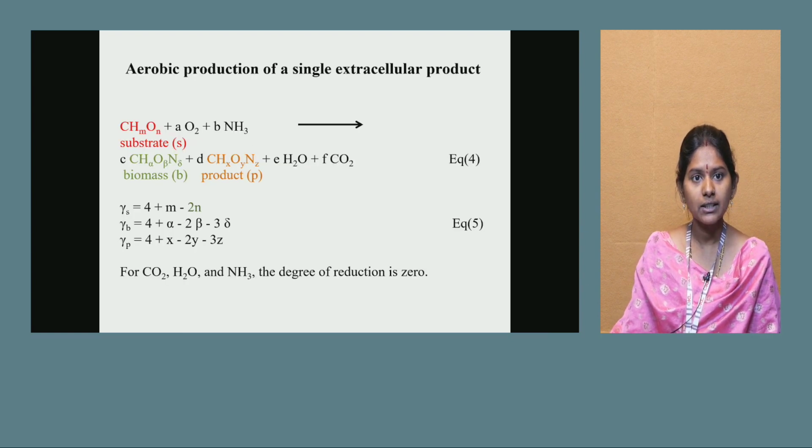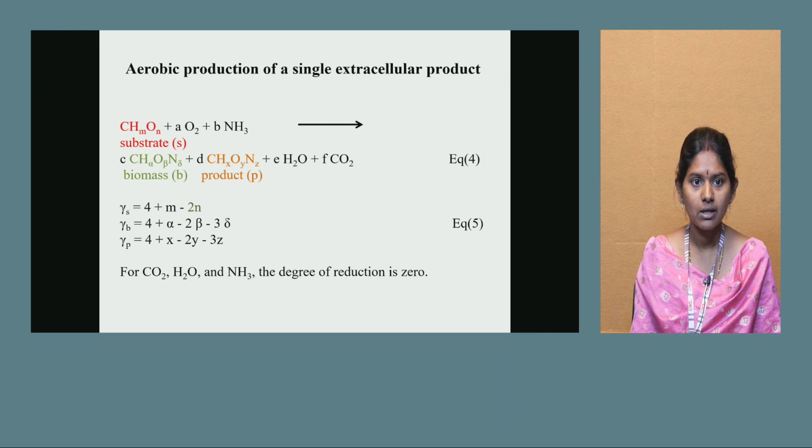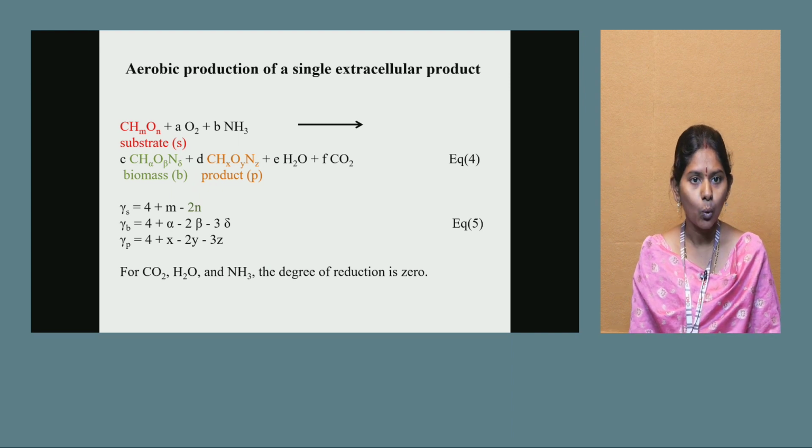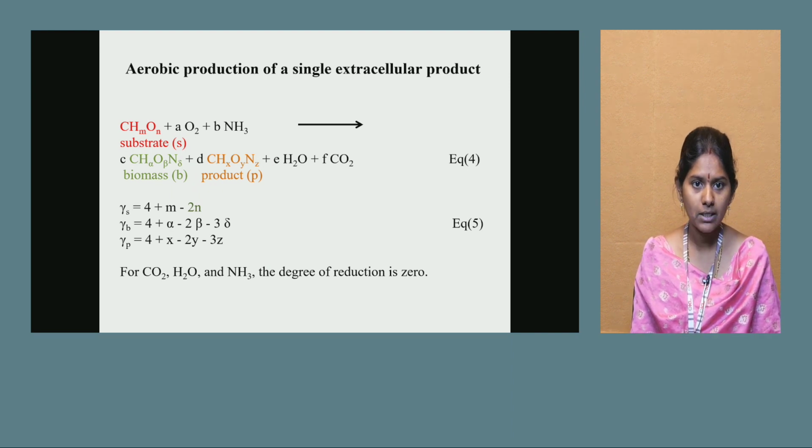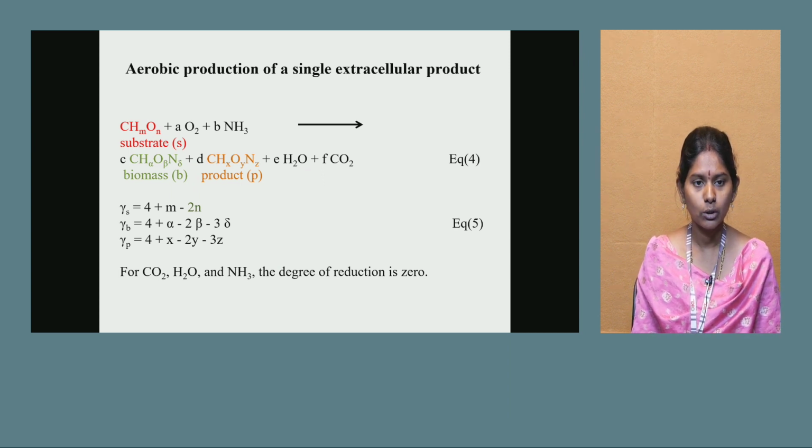So if we consider aerobic respiration, the general stoichiometric equation is CHmOn plus oxygen plus ammonia gives rise to a biomass and a product plus water molecule and carbon dioxide molecule. Here the carbon source is represented in red color, which is acting as the substrate molecule, the green one is the biomass molecule and the product is represented in orange.